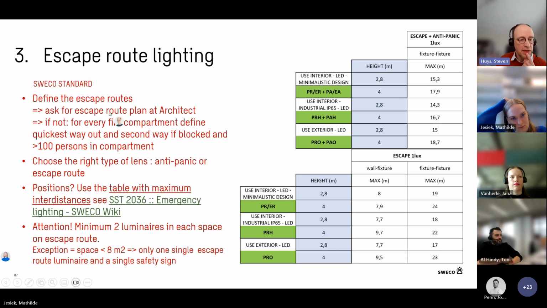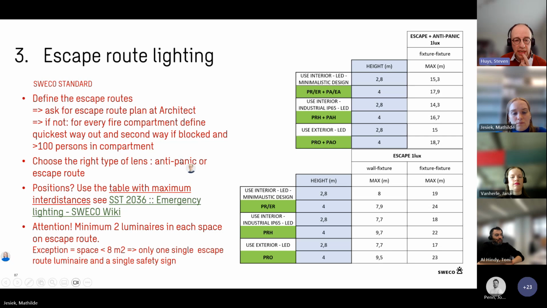And again, first of all, ask the architect. It's a bit the same things that are stated on this page. You have the right choice of a lens: you could use the escape route or the anti-panic. Sometimes it's better, if you have a long corridor, of course to use the escape route lens.